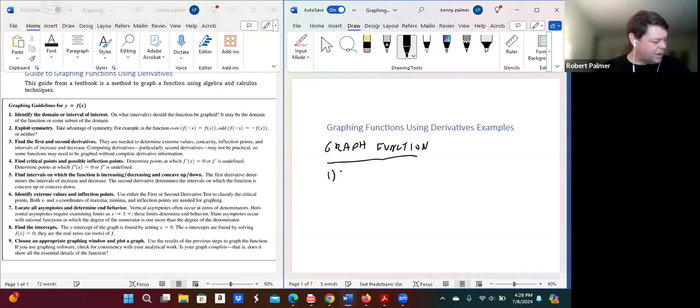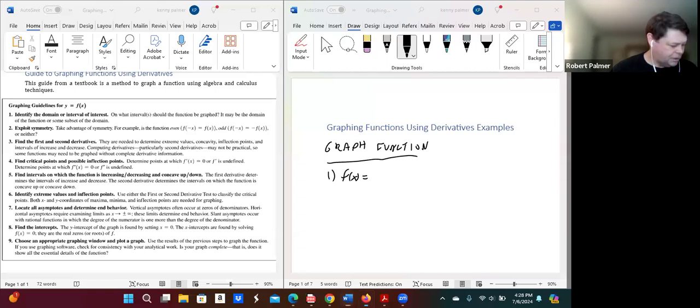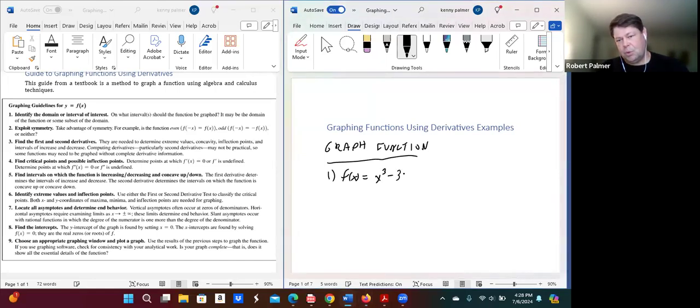Okay, so number one, let's say we have our function f of x is equal to x cubed minus 3x squared. Now, of course, we can go to Desmos or a graphing calculator to find what this looks like, but let's save that till the end to see how we did. Okay, so that's our function.